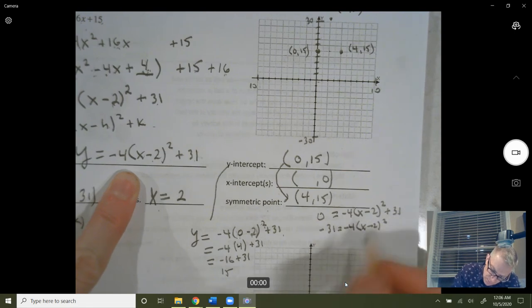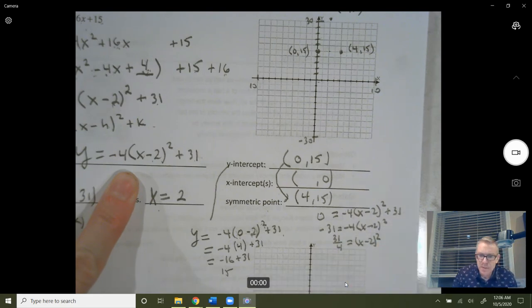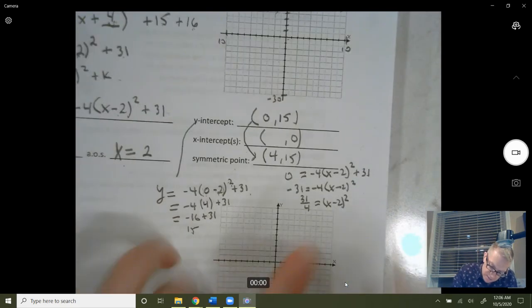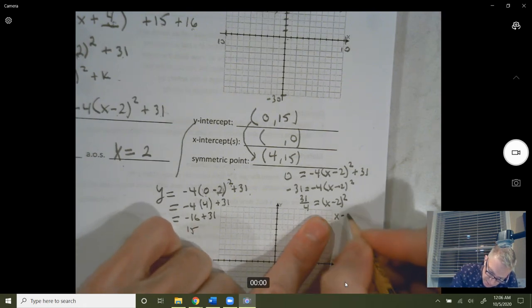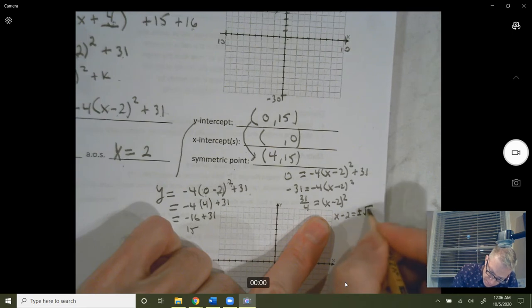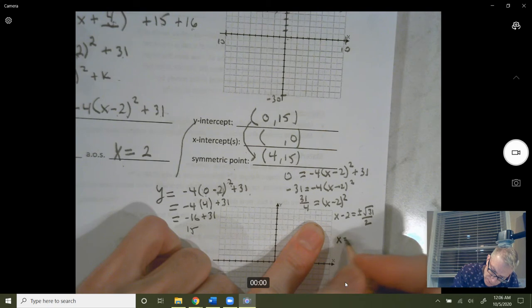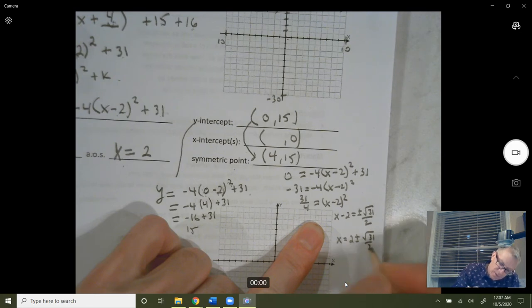Divide by -4. Square root both sides. Ugh. Okay, so we get x minus 2 equals plus or minus square root of 31 over 2. So x is going to equal 2 plus or minus square root of 31 over 2.